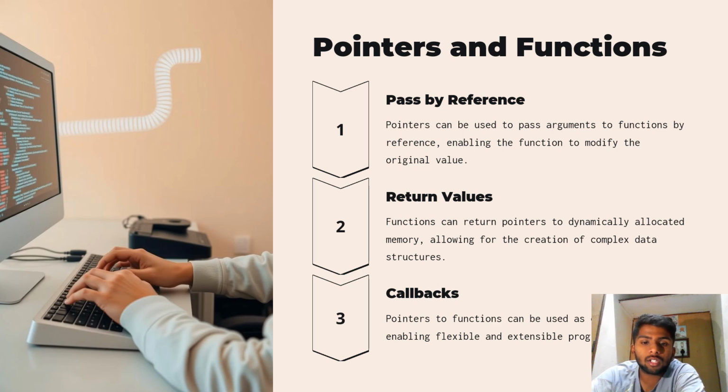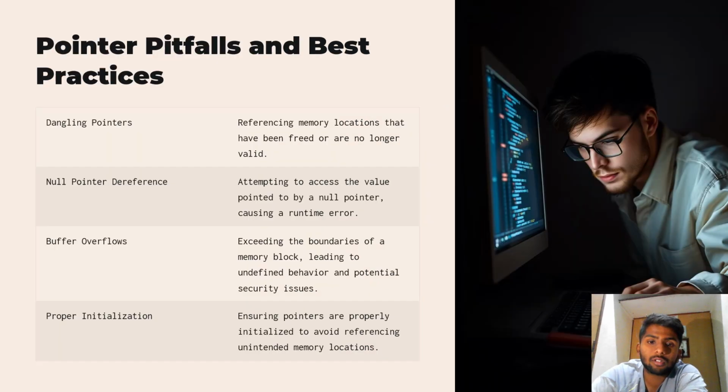Return value: a function can return a pointer to dynamically allocated memory, allowing the creation of complex data structures. Callback functions, as the word says: when you point a pointer to a specific function, it calls back the function and enables flexibility in programming.